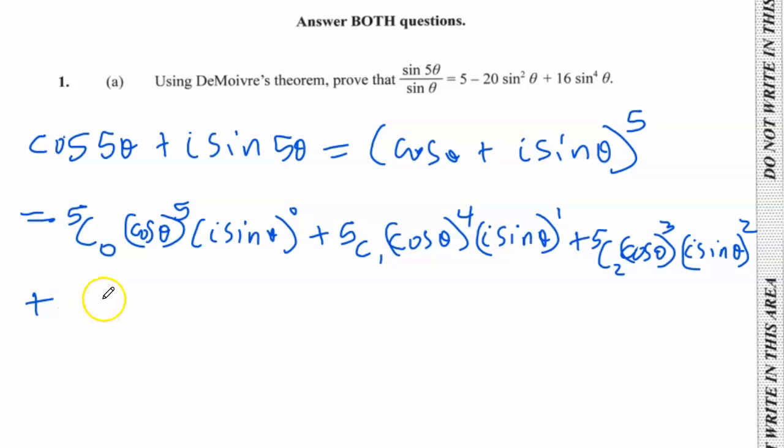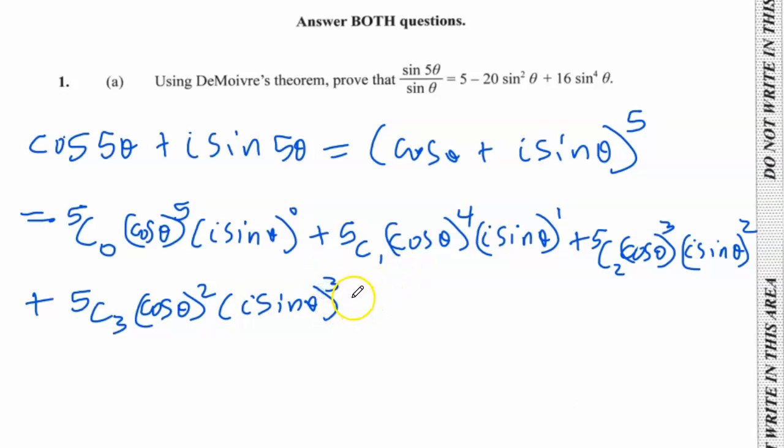Next coefficient will be 5 choose 3. We raise cos θ to the 2nd power and i sin θ to the 3rd power. Next, 5 choose 4, and we raise cos θ to the 1st power and i sin θ to the 4th power.